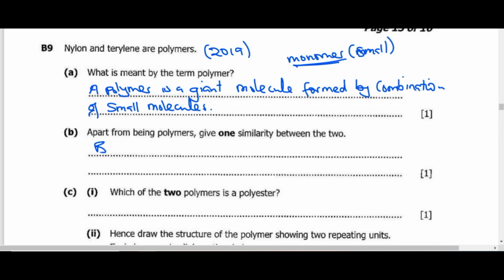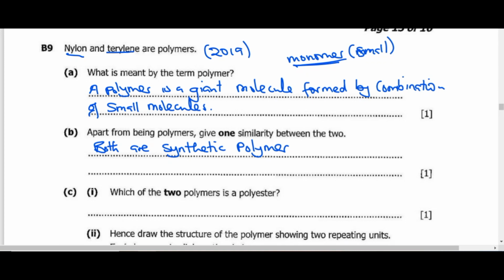So why have we said that both are synthetic polymers? Because these two, you can get them, or they are derived from petroleum oil. So these are derived from petroleum oil.